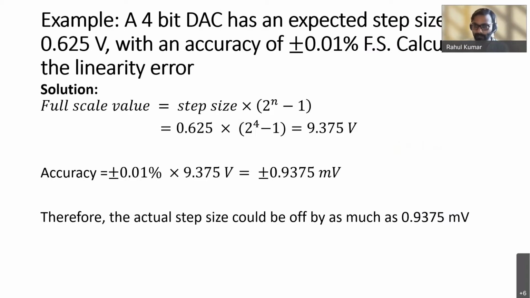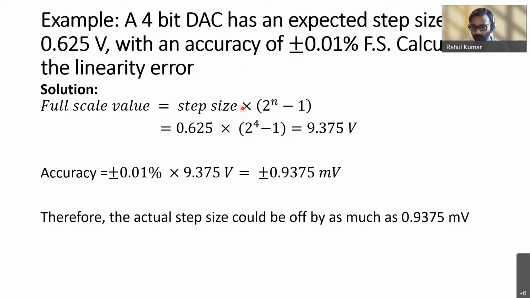Here you have another example. A 4-bit DAC has an expected step size of 0.625 and has an accuracy of 0.01%. You have to calculate the linearity error. Since we are given the step size, we can calculate the full scale value. The number of bits is also given, it is a 4-bit DAC.